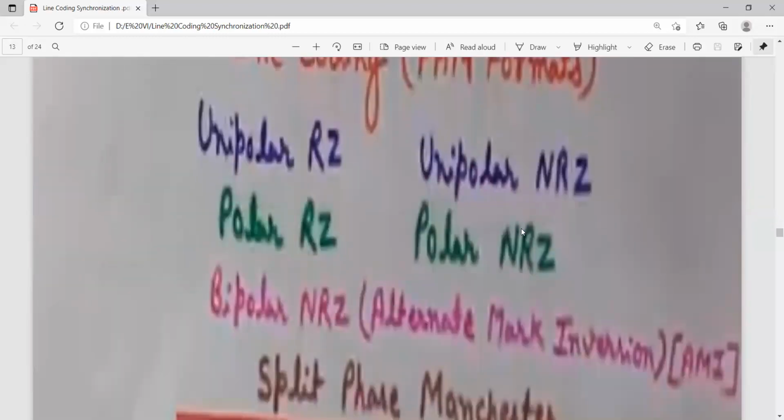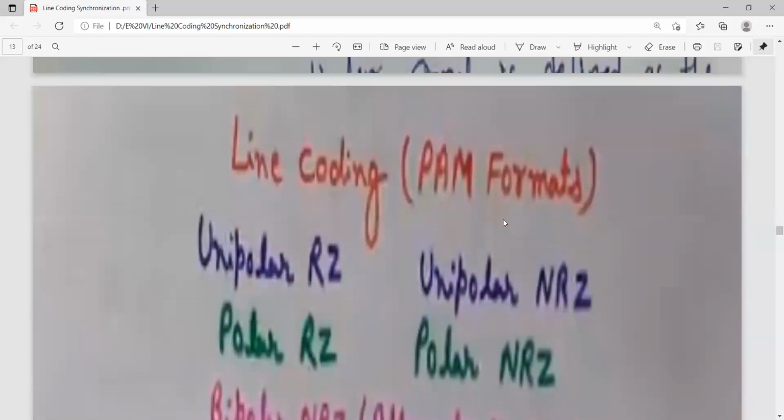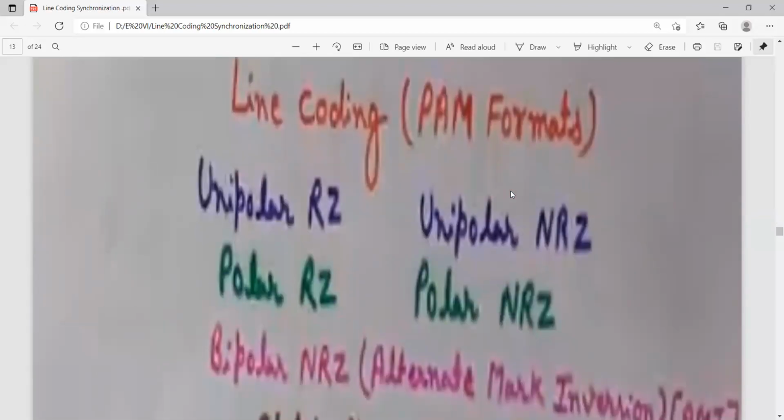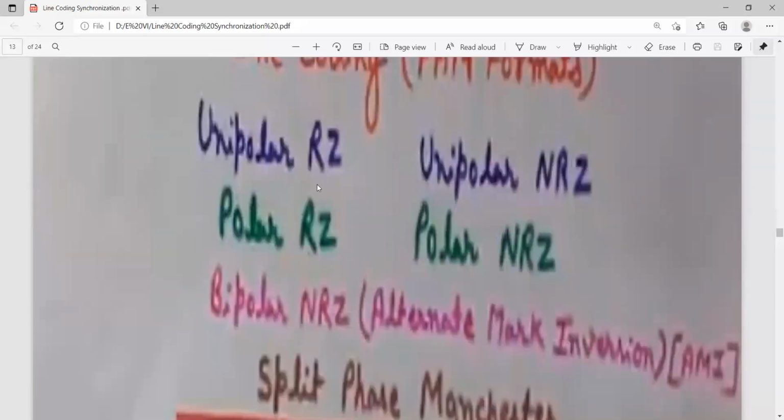Maybe in the next class we will discuss various types of coding techniques. They are called line coding techniques, that is, pulse amplitude modulation formats. There are unipolar return to zero, unipolar non-return to zero, and polar. Unipolar means only one side voltage, that is, no negative voltage appears. Unipolar return to zero goes 0 to plus, and comes back, so each and every bit returns to zero.